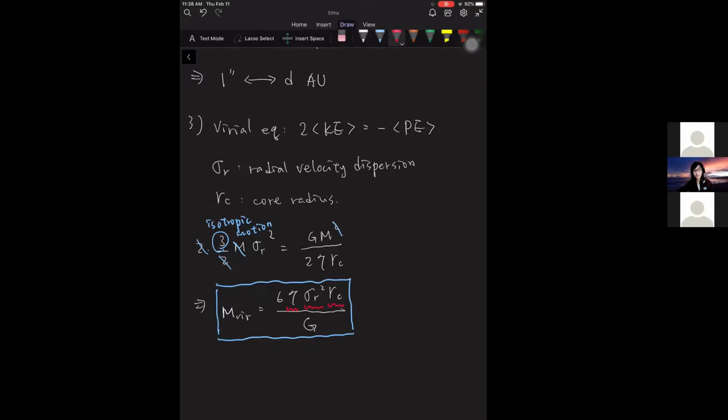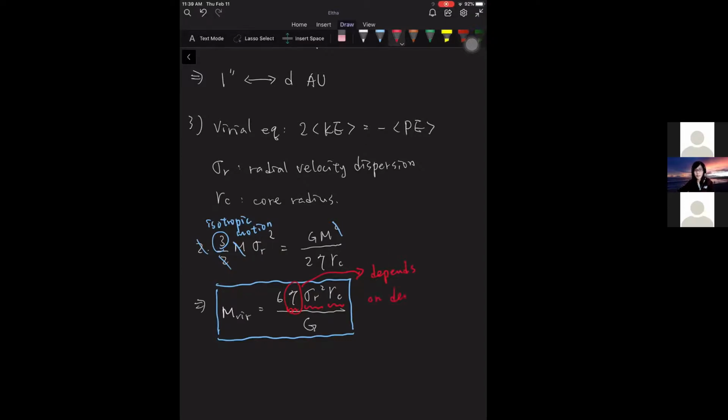So even if we have the same object, with the same distance and same velocity dispersion, if the density distribution is different, the virial mass calculated will also be different, because eta basically depends on the density profile of this object.